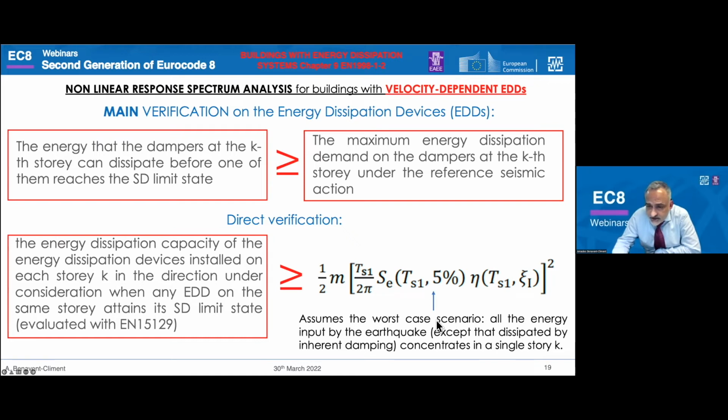This worst case scenario is that all the energy input by the earthquake, removing the energy dissipated by the inherent damping of the structure, concentrates in a single story. And this is the energy that is obtained with this equation. So we have to check that the capacity of the dampers in each story is larger than this value.